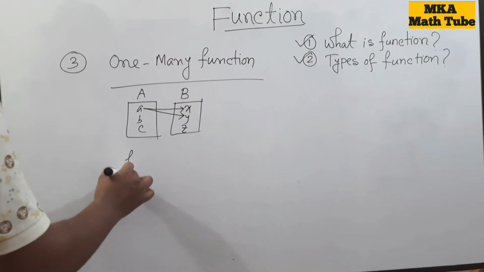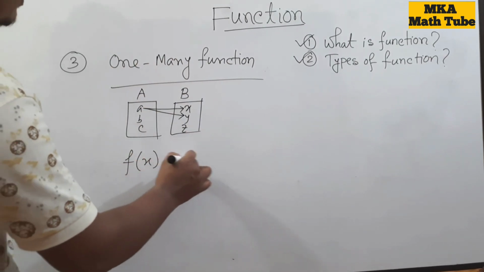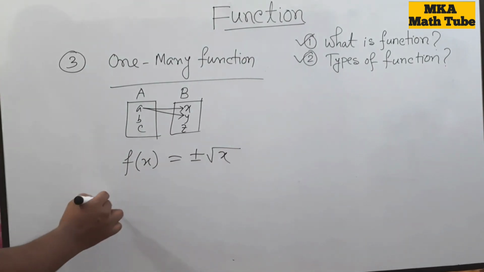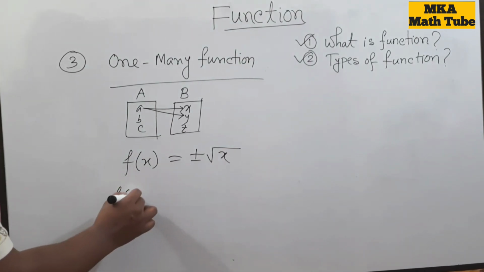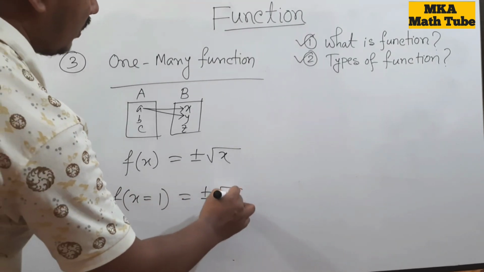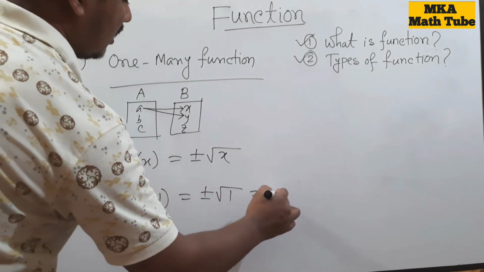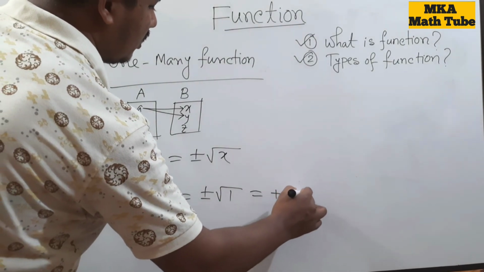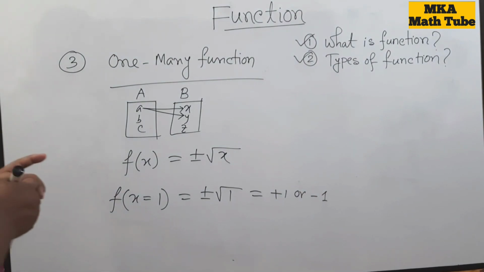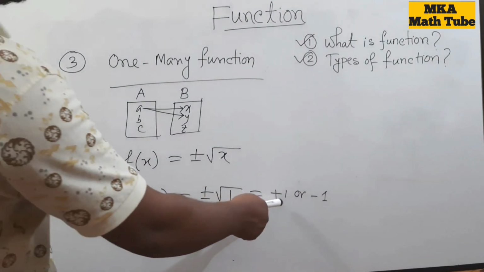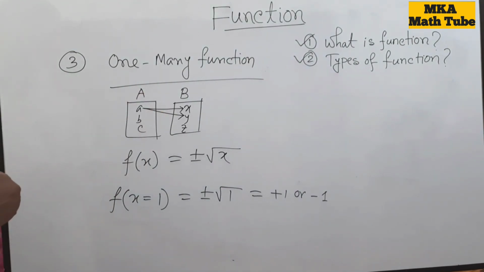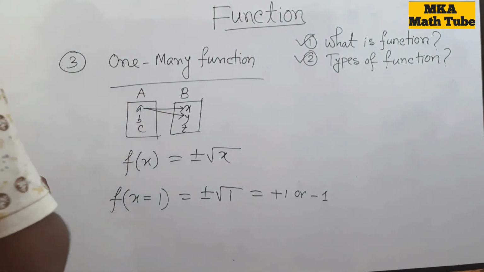For example, consider a function like f(x) = ± √x. If we input x = 1, then we get ± √1, that means plus 1 or negative 1. So for only a single value we get more than one value. That's why this function is called a one-many function.